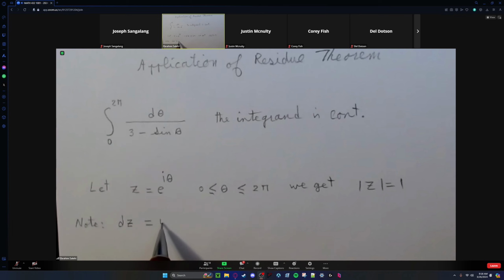So it is i e to the i theta d theta. But e to the i theta is z itself. So this gives me a relationship between d theta and dz. So d theta is dz over iz.